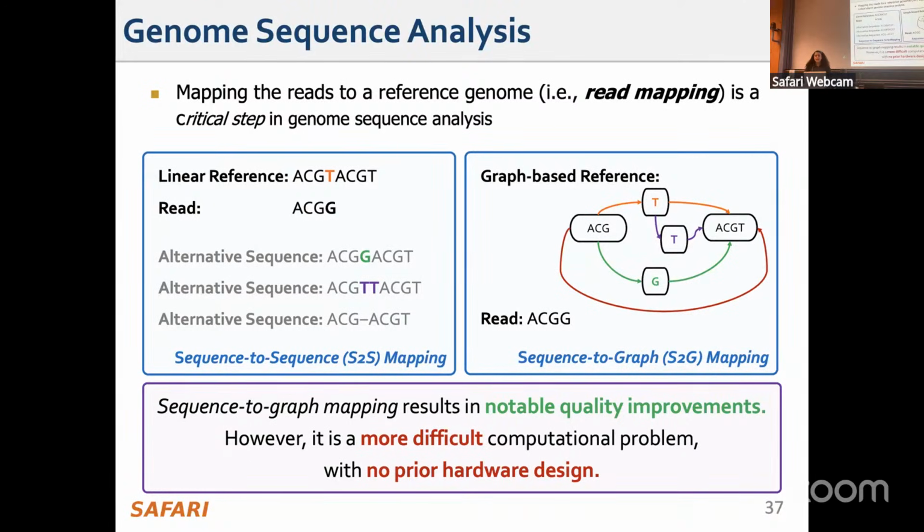That again highlights the need to look at algorithm and architecture together, because based on fundamental changes from the algorithm side, the problems that we need to address on the hardware side can be different.